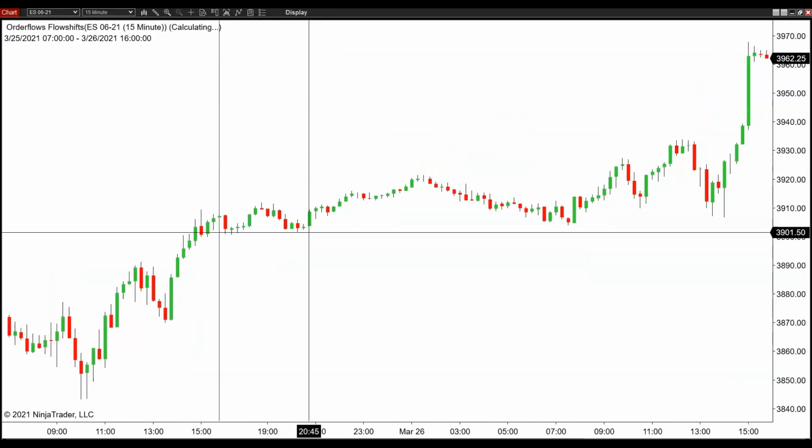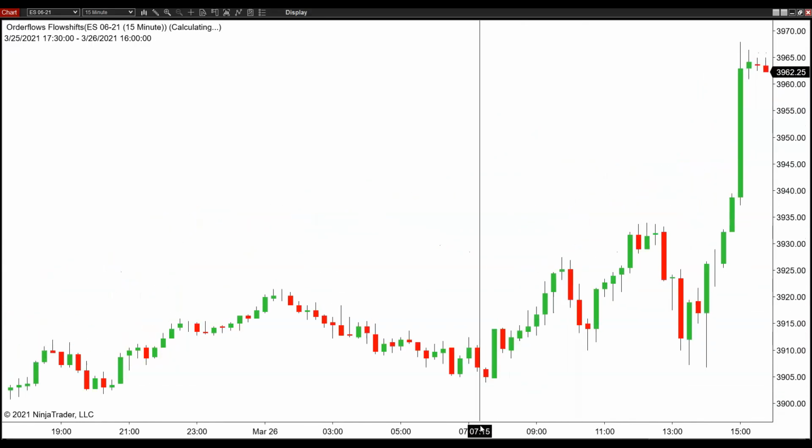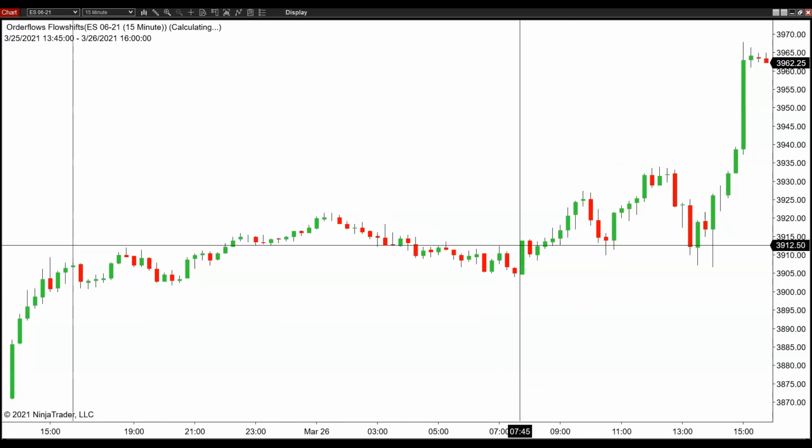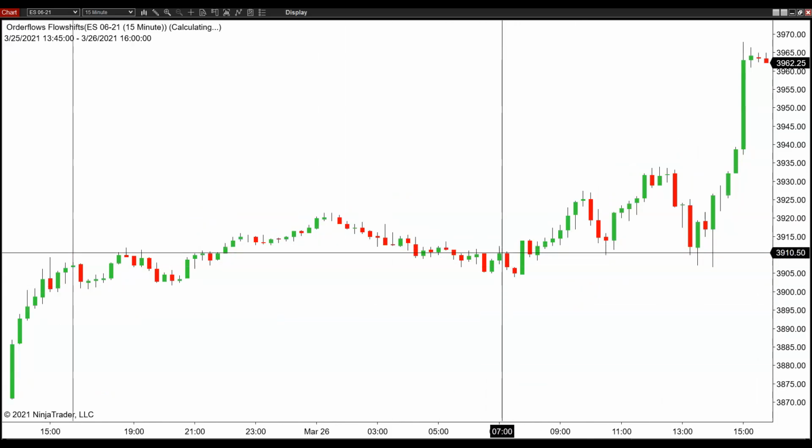Honestly, I haven't looked at a 15-minute chart, because when you're looking at order flow, you're looking at what's happening right now. When you're looking at a 15-minute chart, you're really taking a step back. As far as me personally, as far out as I go is 5 minutes. I do look at 5 minutes, but other traders don't.